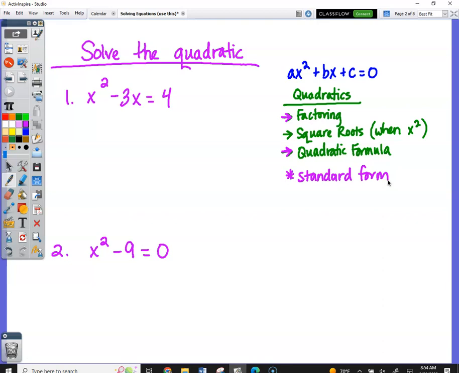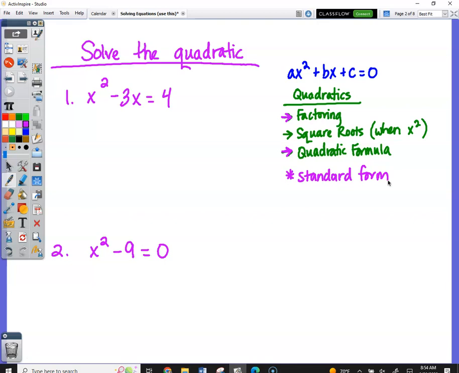The only one that doesn't need to be in standard form is when you're solving by square roots, which does not happen a lot. So a good rule of thumb is get it in standard form, because then you can still recognize if you need to solve it by square roots, and then it's easy to change it.